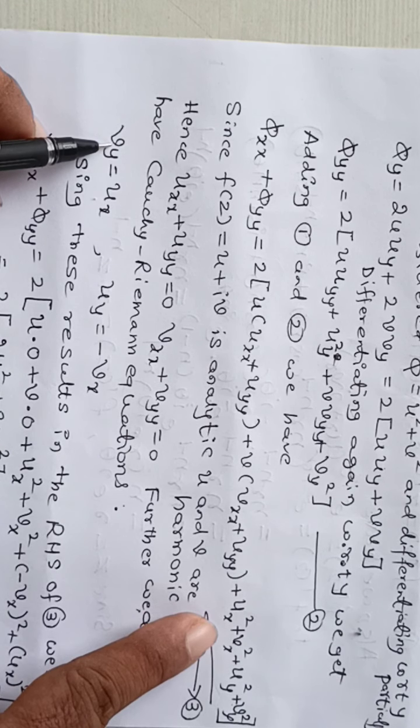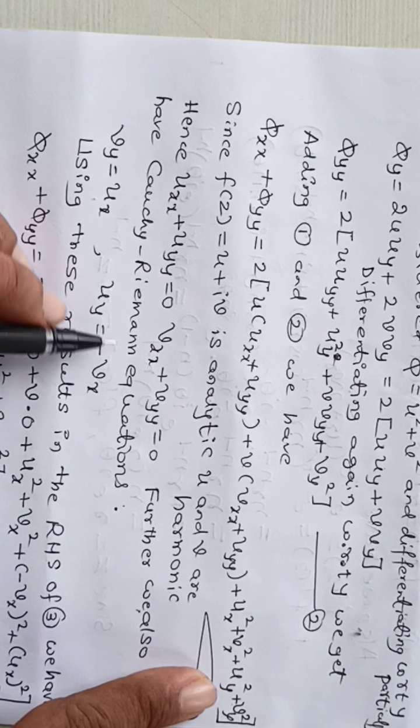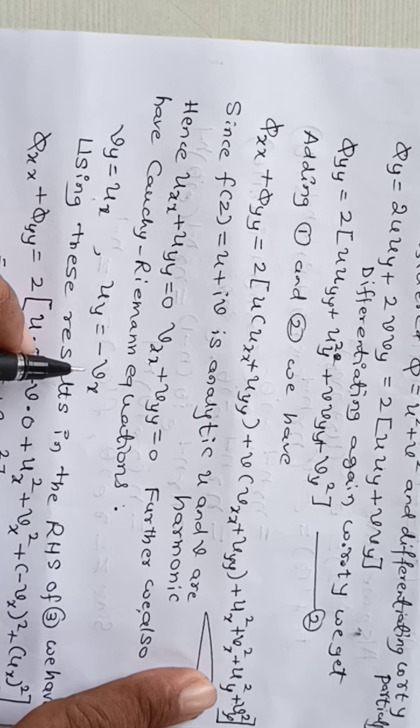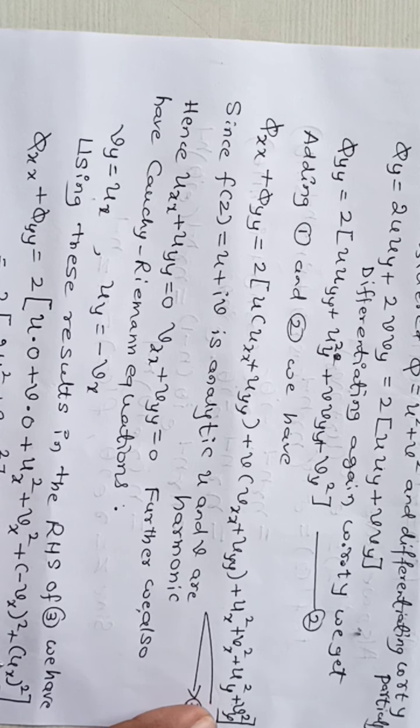So it is ux² + vx². Next, uy is nothing but -vx, squared, and vy is nothing but ux, squared, applying in equation 3.